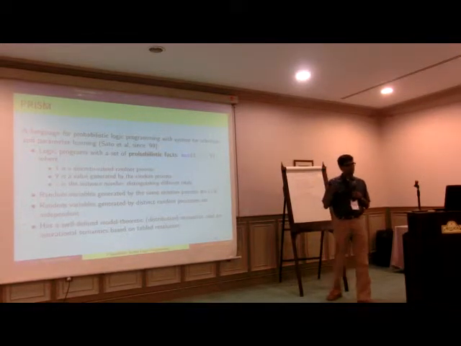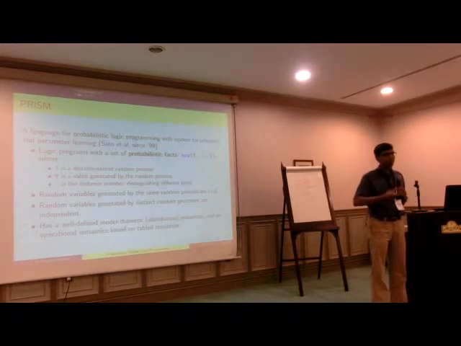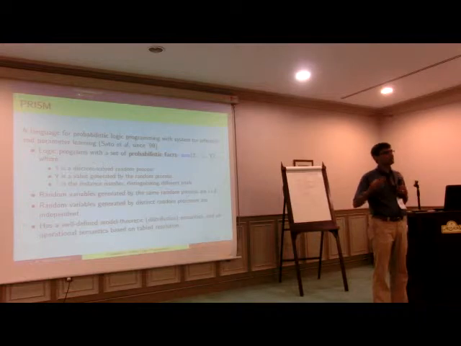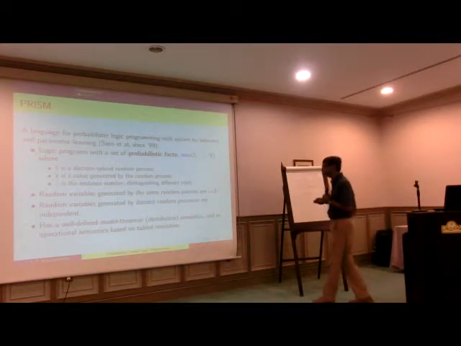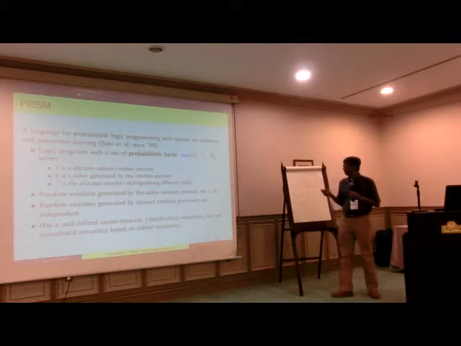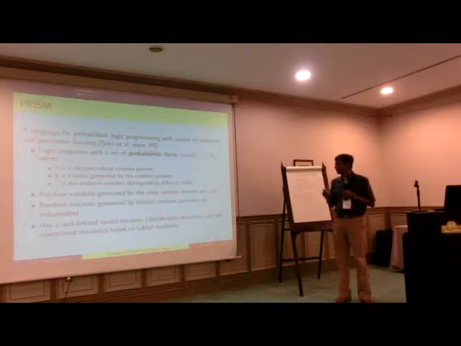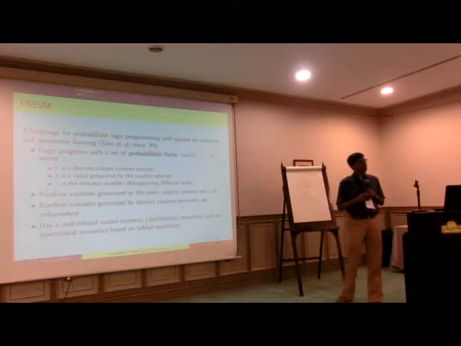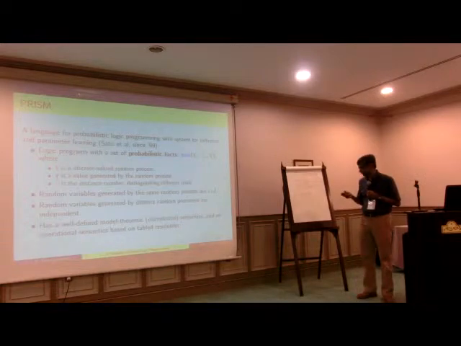So every fact has 3 parts: the random process that will actually generate values, the instance of the random process that I'm going to use to generate values, and the value that I actually generate using the random process. Okay. And the assumptions behind this are that the random variables are all IID, and distinct random processes generate independent random variables, and so on.